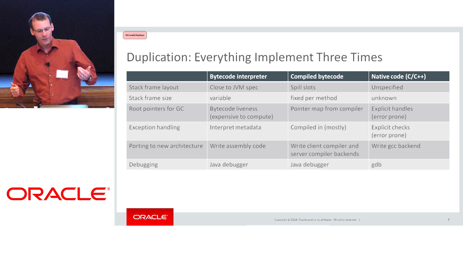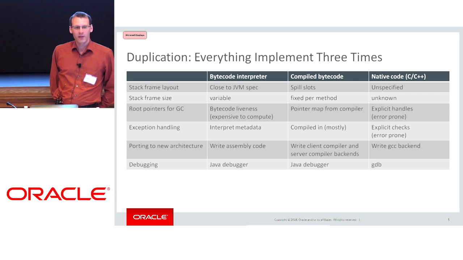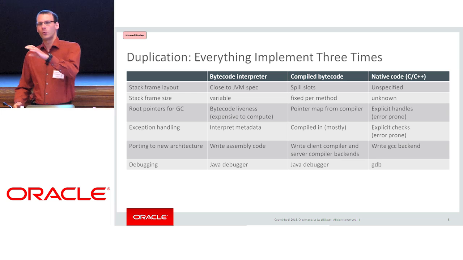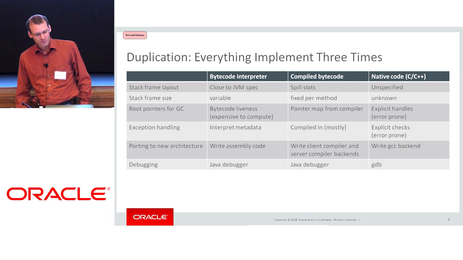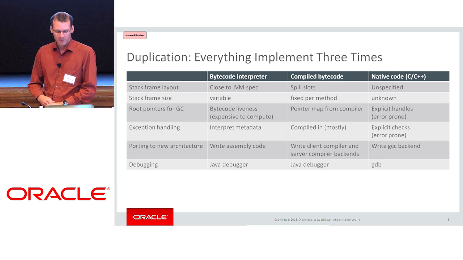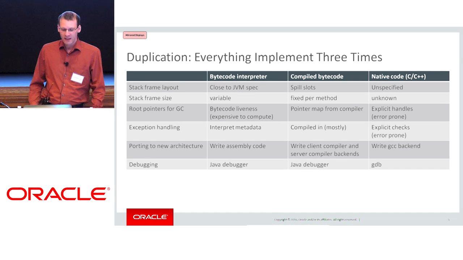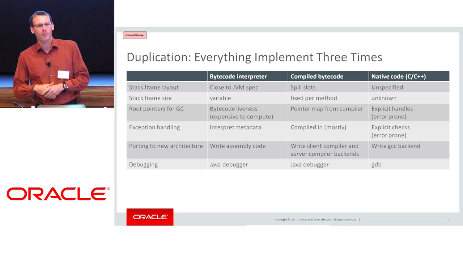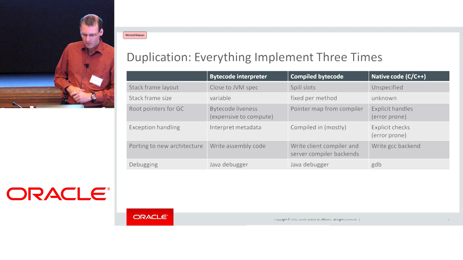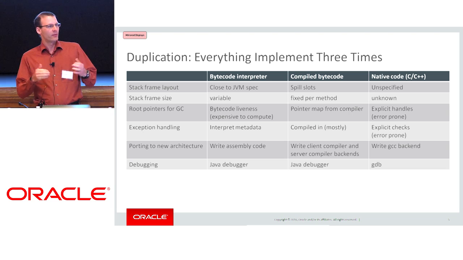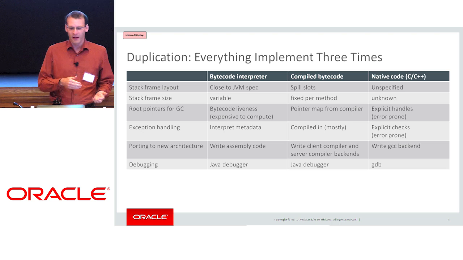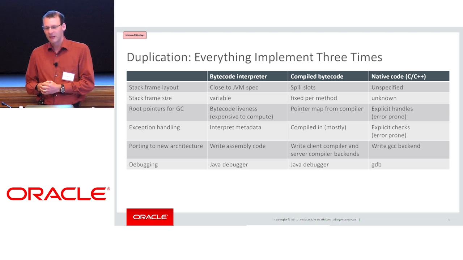There is the stack frame layout: bytecode interpreter frames are close to the JVM language specification, with local variables and expression stack slots. In compiled code from the client and server compilers, you have spill slots that the compiler emits. And in native code, you have whatever the C compiler is doing; you have no clue. The stack frame size for bytecode frames is variable. For compiled frames, it's fixed. And for native code, again, we have no clue.